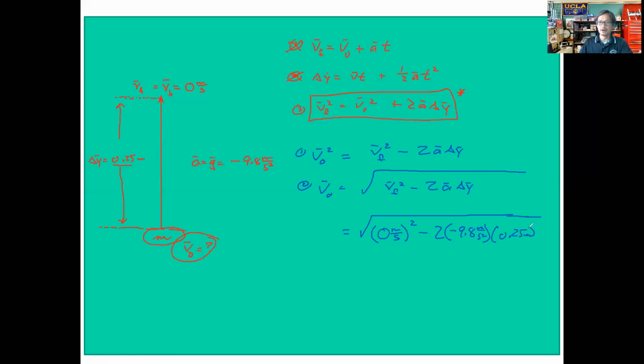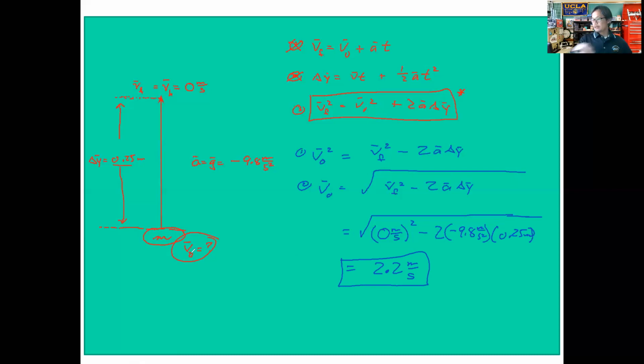You plug those values into your calculator, and you end up with a value of 2.2 meters per second. And that is your initial velocity at this point here. That's how we go about solving problems involving a free-falling object.